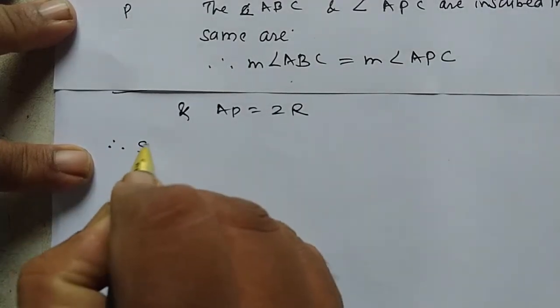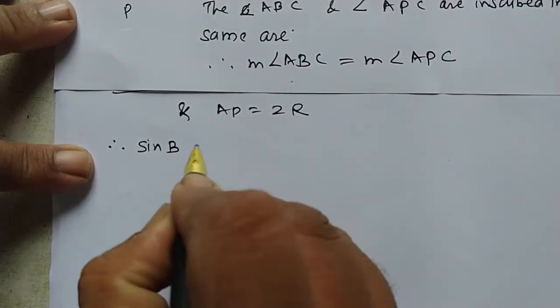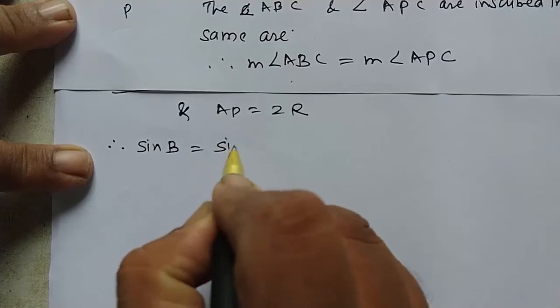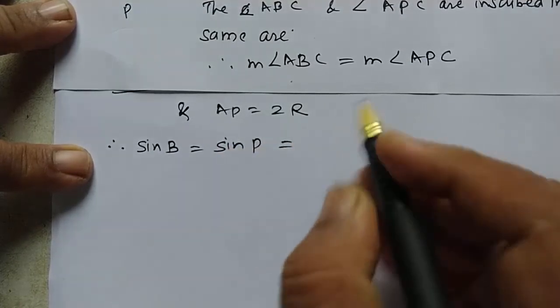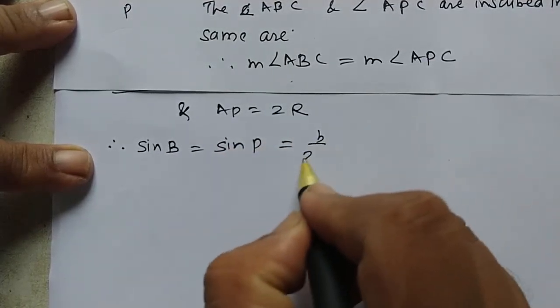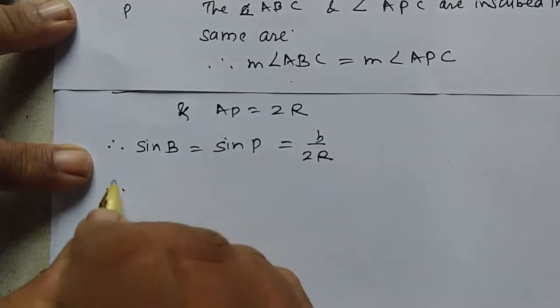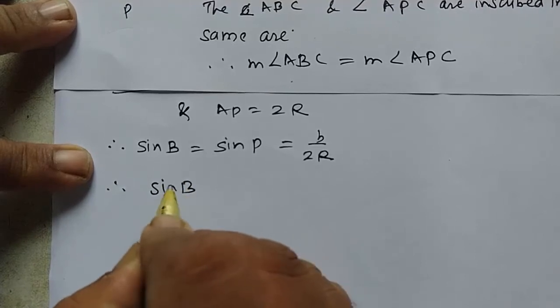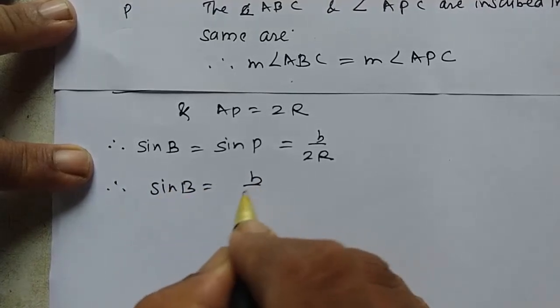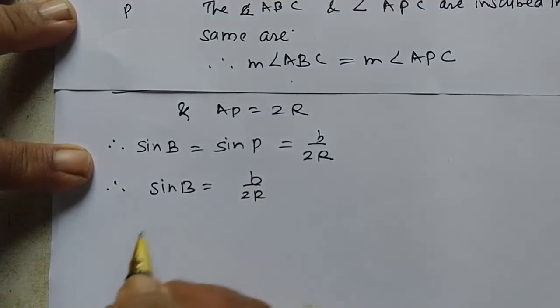Therefore, sine of B is equal to sine of P is equal to b upon 2 times R. Therefore, sine of B is equal to b upon 2 times R.